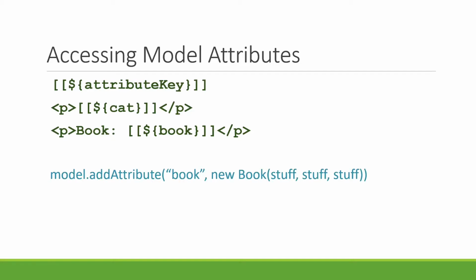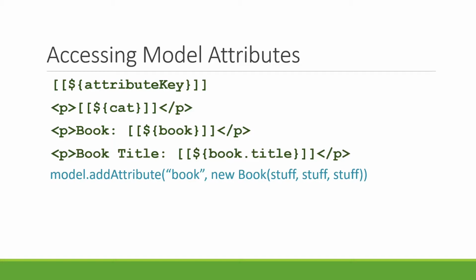Again, this assumes that in our controller, we must have constructed a book object and then stored that book object as an attribute with the key name book. When this one is displayed, it will automatically call the toString method of the book class and display the return value inside another paragraph element. In this third example, we're also accessing the same book attribute, but this time we're asking for the data stored in the book object's title member.